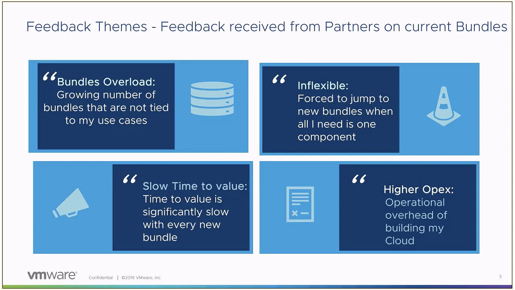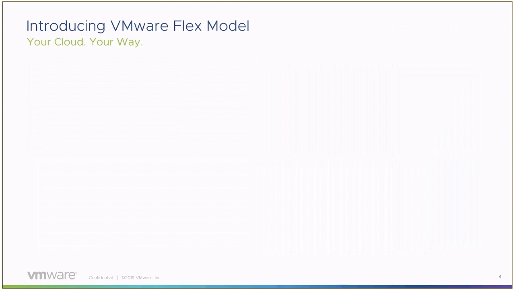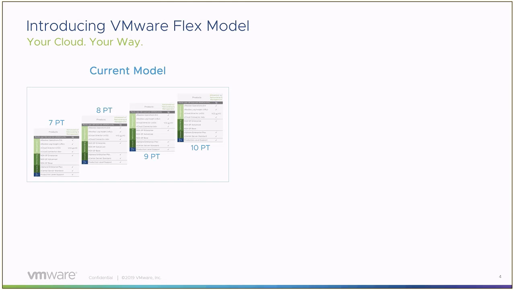Another example is slow time to value with every new bundle, and also higher OPEX, the operational overhead of building my cloud. So we have listened to you, and we have now introduced the new Flex pricing model.